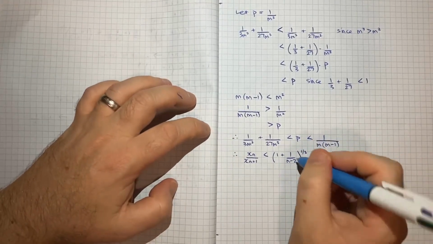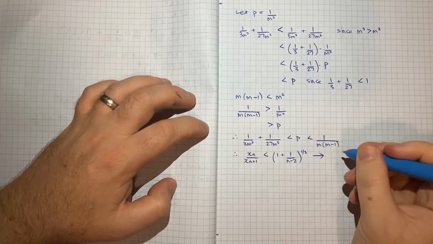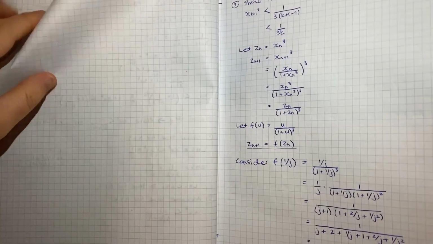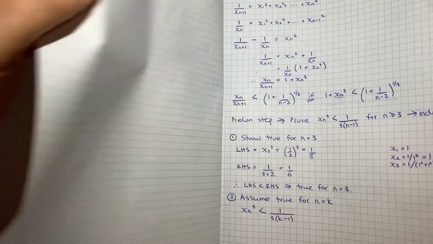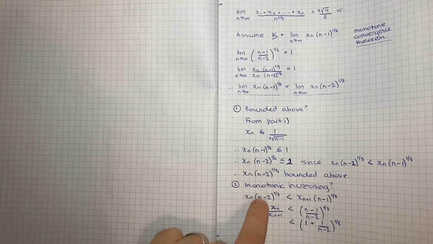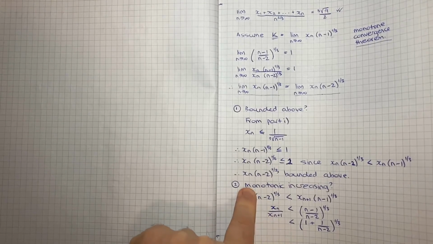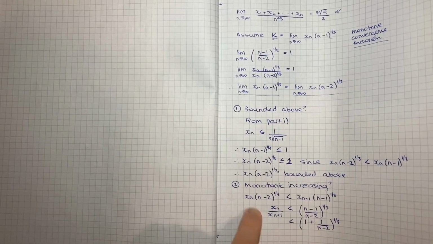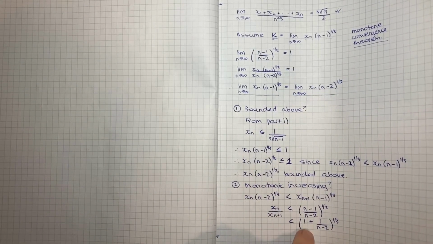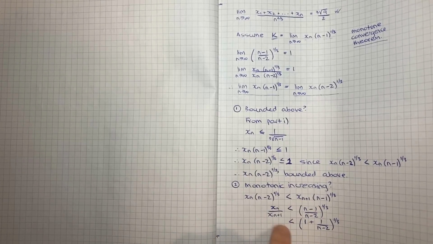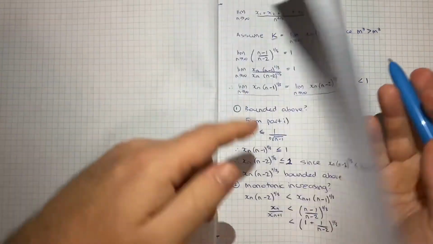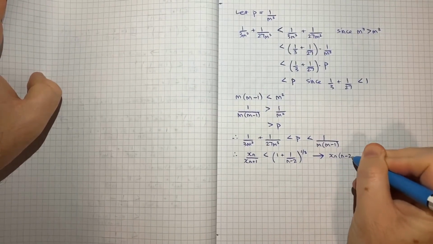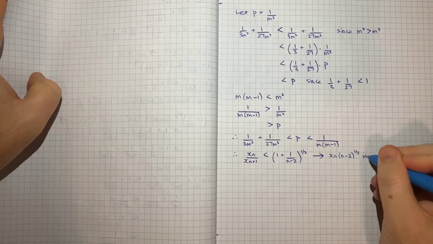Now, if we can conclude that, we can therefore conclude, and this brings us all the way back to pretty much the beginning, that this function is monotonic increasing, because that's the inequality we had to show. After rearranging, we get to this inequality. We've shown that it's true. Therefore, xn n minus 2 to the third is monotonic increasing.